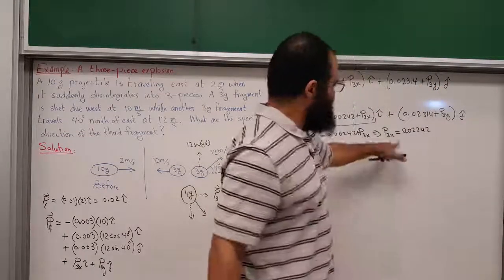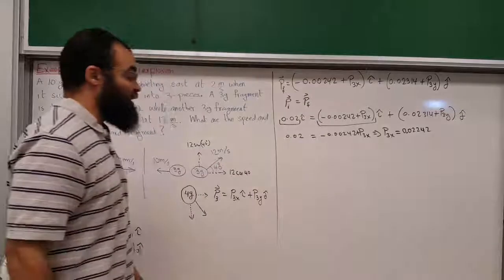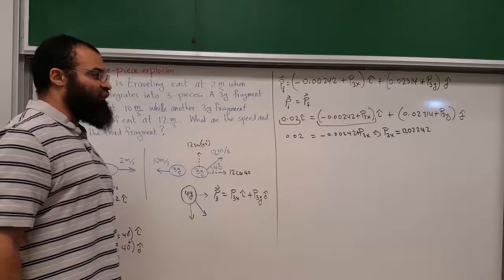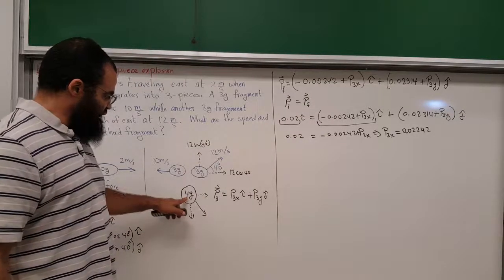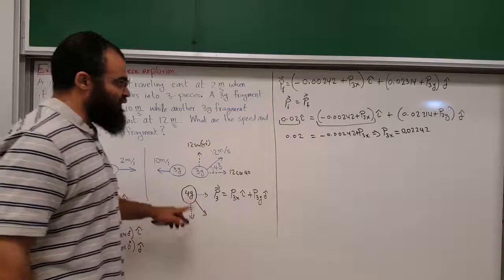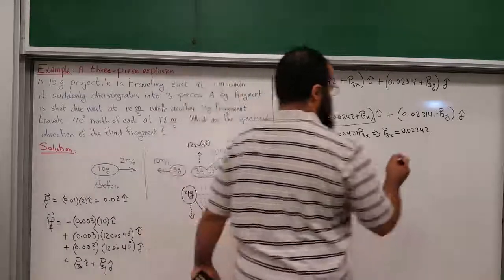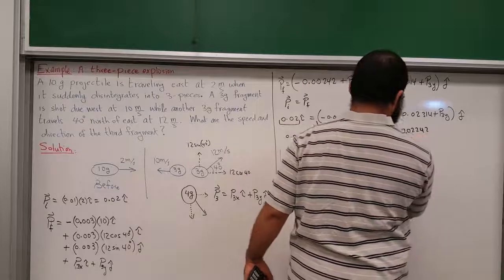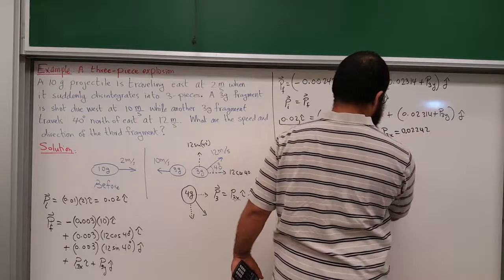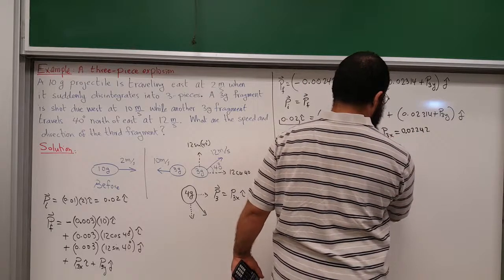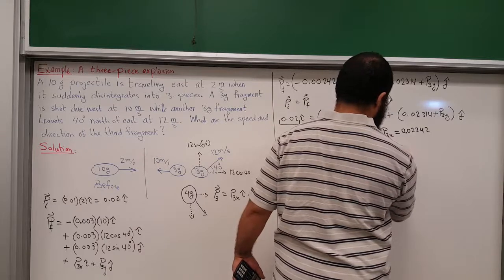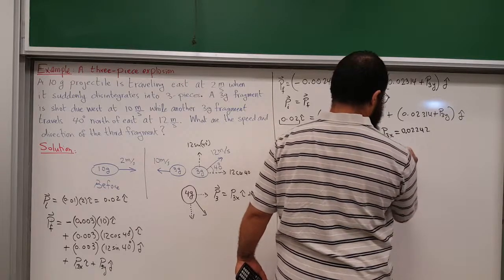But what is P3? What's the momentum for P3? Well, it's the mass times the x component of velocity. So this is just the mass of the third fragment times the x component of the velocity for the third fragment.